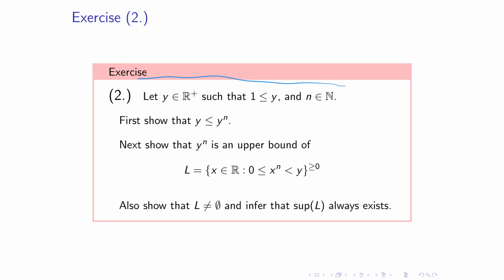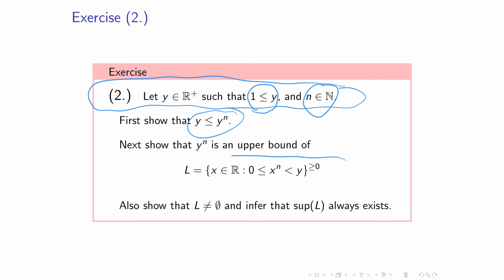Next, let's look at this exercise where we let y be a real number, which is in particular greater than or equal to 1, and again n a natural number. We'll prove a few things. First, show that y is less than or equal to y to the n in this case, and then take this set, which we generally identify with the set we're going to use to construct the nth root of y, and we'll prove that this is non-empty and bounded above.